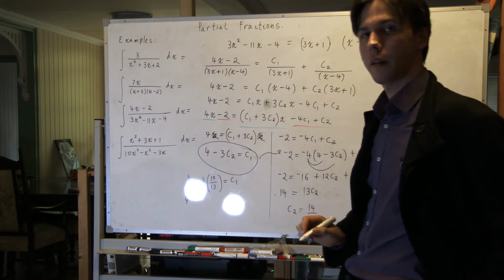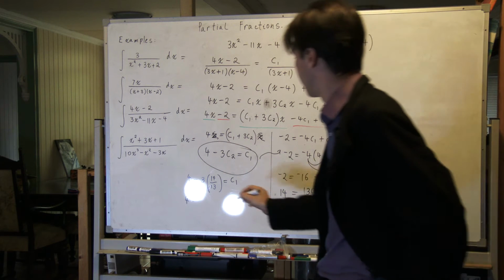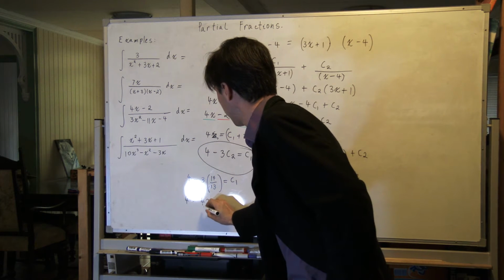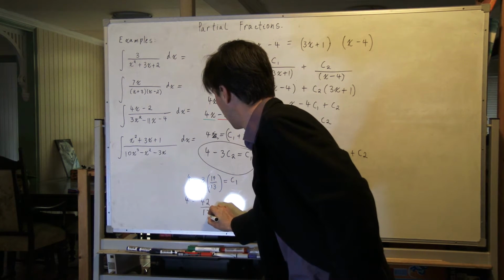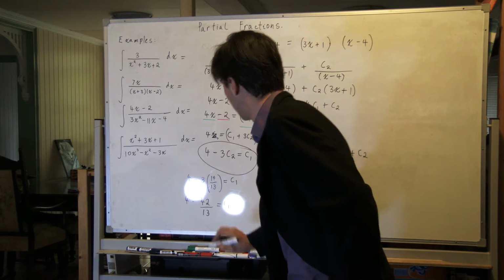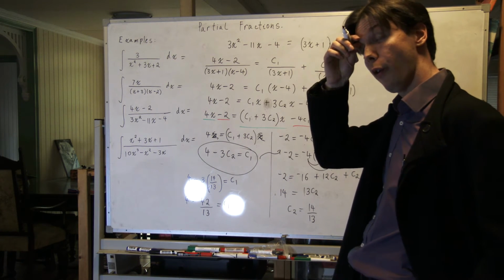What I do is I take 14 times 3, which makes 42. And I change 4.